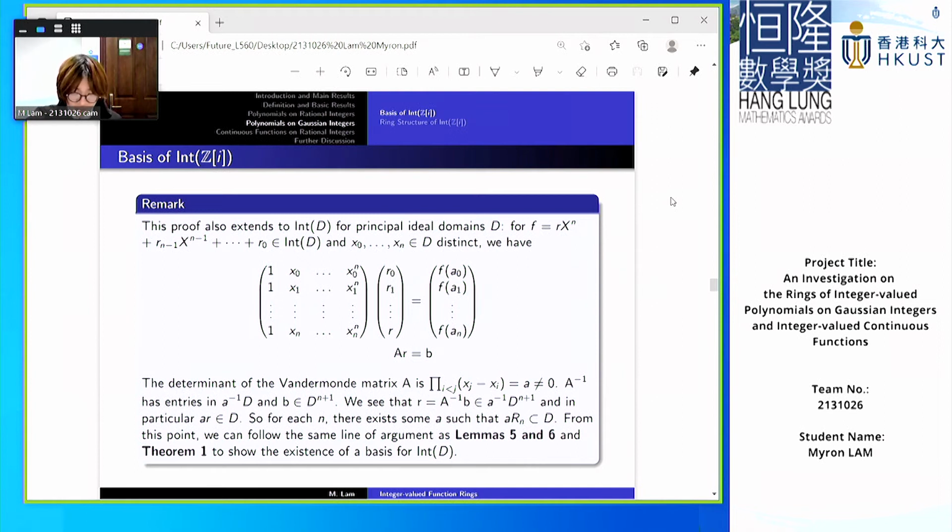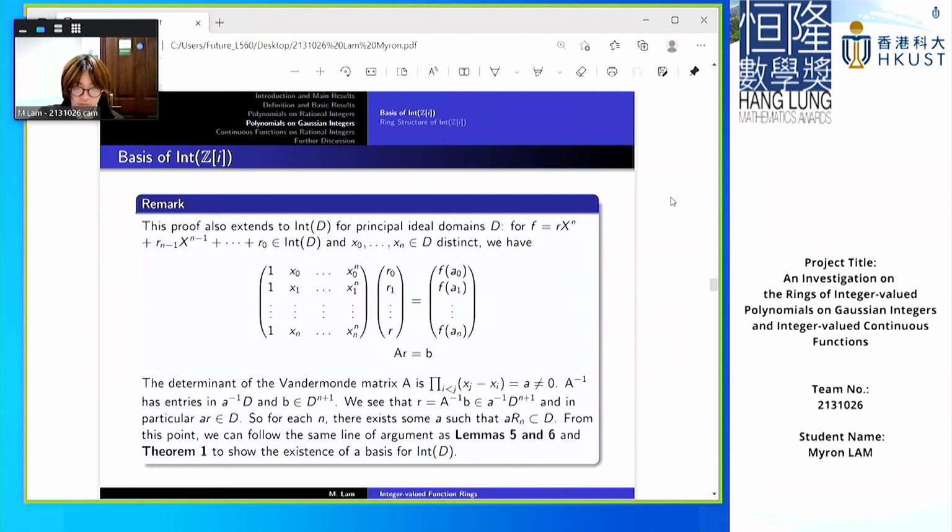If f is an integer-valued polynomial on D with degree n, then for some distinct x_0 up to x_n in D, we can write a matrix equation AR equals B, involving Vandermonde matrix A. The determinant, small a, of such a matrix is necessarily non-zero, and so A is invertible.